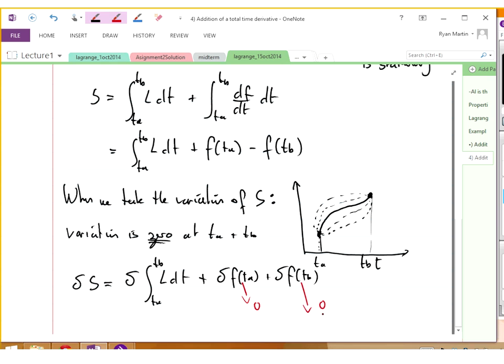But those two terms are 0. And so the conclusion is, if you add a total time derivative to the Lagrangian, because of Hamilton's principle, the equations of motion come out the same. Okay?